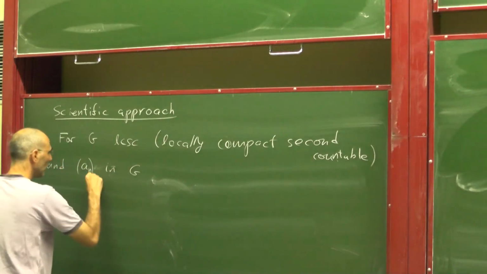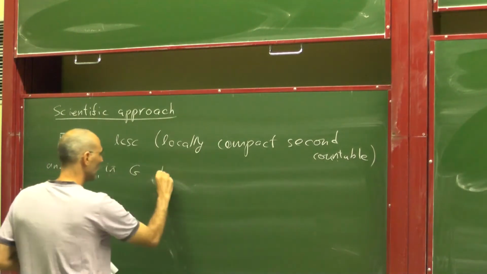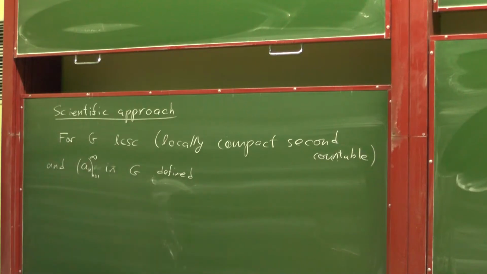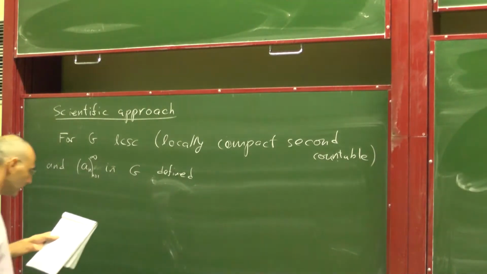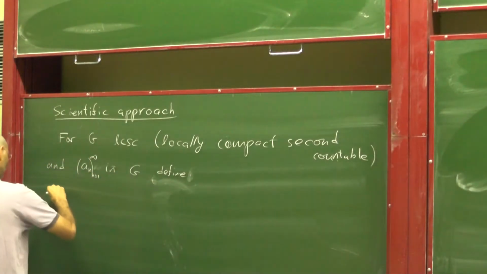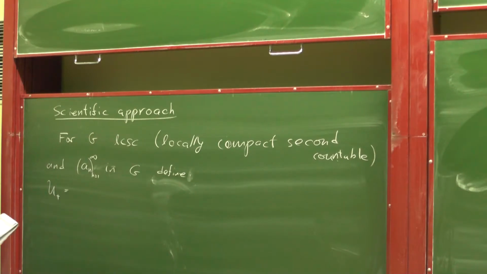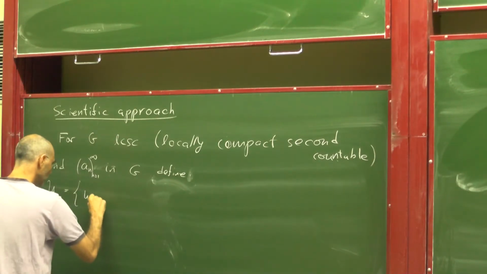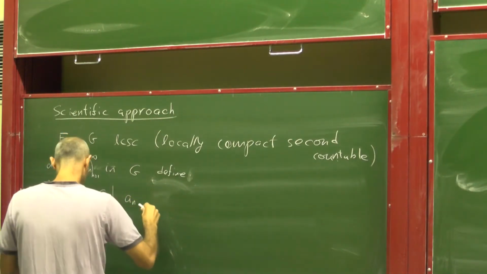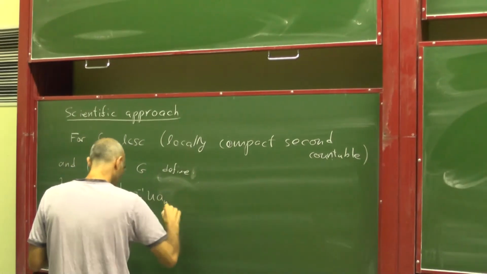Having this sequence in G, which is fixed implicitly in the definitions to come, define U plus, this will be a group in G. It will be all the U's in G such that An contracts in the form we discussed.